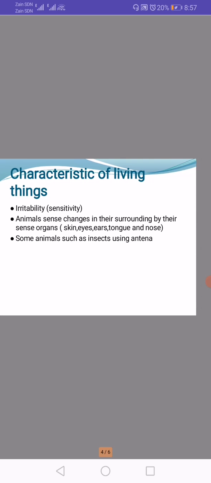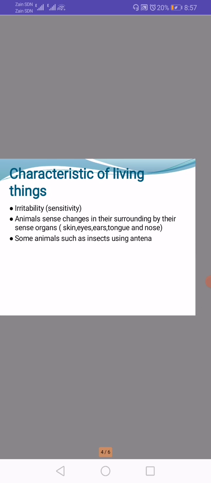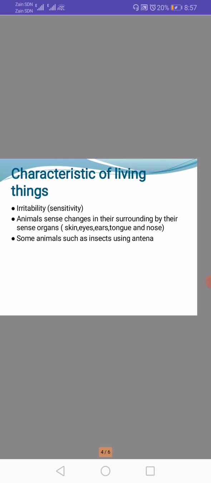Any sense has a sensory organ responsible for it. For example, sight is the sense, and the eyes are the sensory organ responsible for sighting. These sense organs are skin, eyes, ears, tongue, and nose. But in some animals, there are other sense organs, such as antennae in insects.